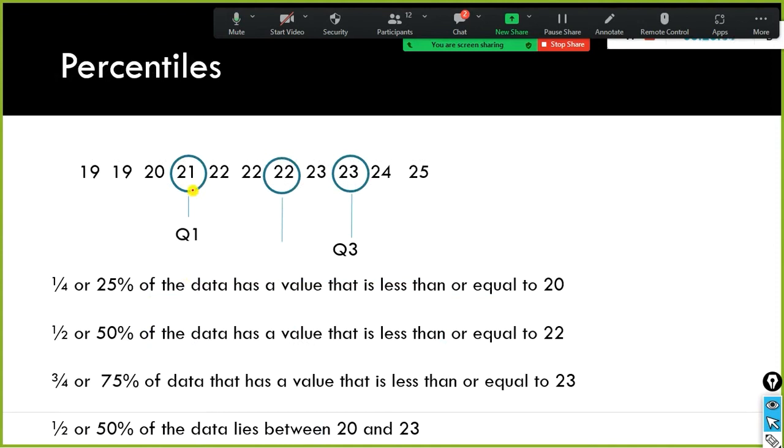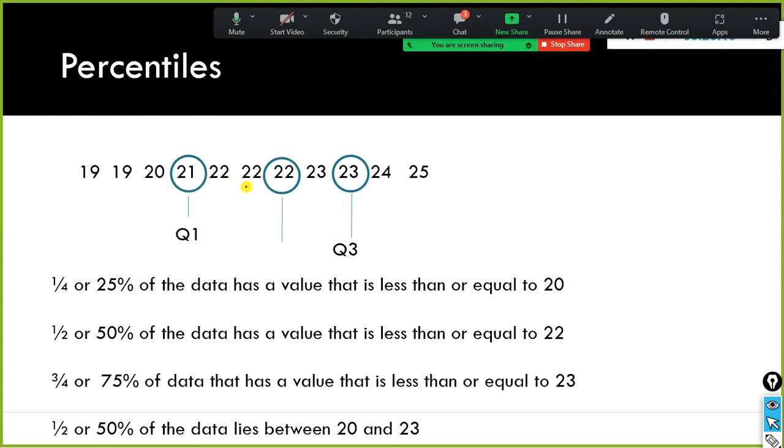So what is quartile 1 in this data set? What is the median here? Here the median is 22, right? This is the median. Let me do one thing. So here 2, 4, 6, 8, 10, 11. 11 values are there. So here it is pretty simple.